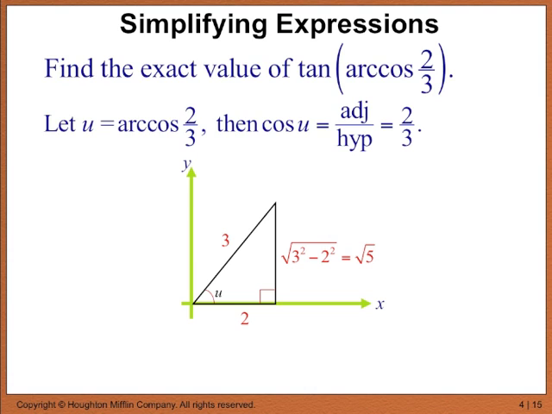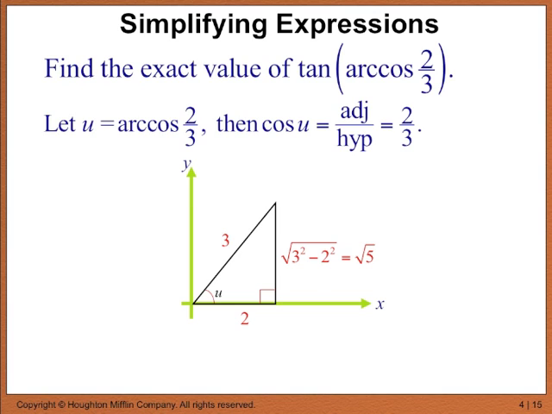And since you know that cosine is adjacent over hypotenuse, you can draw your own right triangle, label the adjacent side with 2 and the hypotenuse with 3, and then use the Pythagorean theorem from there, because you know that the shorter leg is just going to be the square root of 3 squared minus 2 squared.